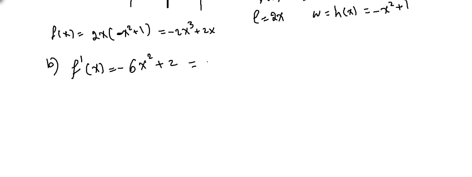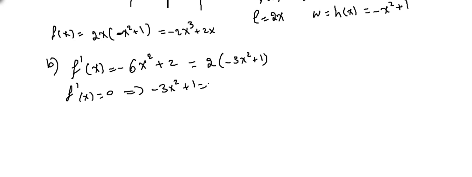We can take 2 common, 2 times minus 3x squared plus 1. Taking this derivative equal to 0, we end up with negative 3x squared plus 1 equal to 0. This implies that x squared equals 1 over 3, so x equals minus radical 1 over 3, which is minus radical 3 over 3.